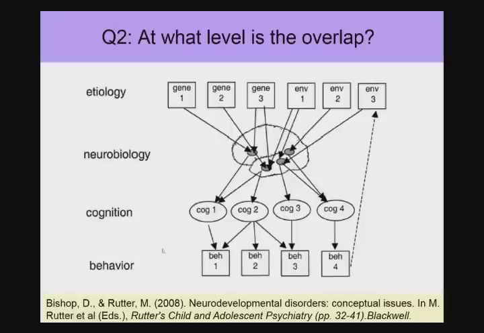And so if we're saying that, for example, autism and language impairment overlap, they could be overlapping because there's some basic cognitive process that's involved in both. They could overlap because there's some brain region which is important in both, or because there's some genes or environmental factors that affect both.